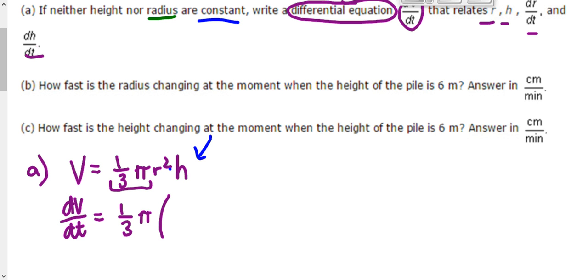If you use the product rule, it's the first, so first is r squared times the derivative of the second. So the derivative of the second is dh/dt, plus the second, so I write h this time, times the derivative of the first. So we have 2r. We took the derivative of r, so dr/dt.